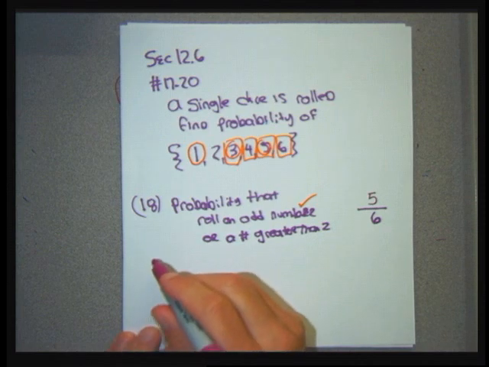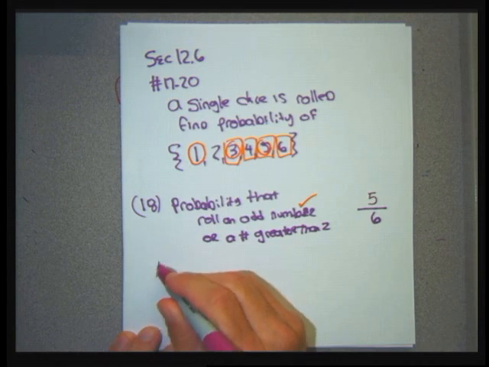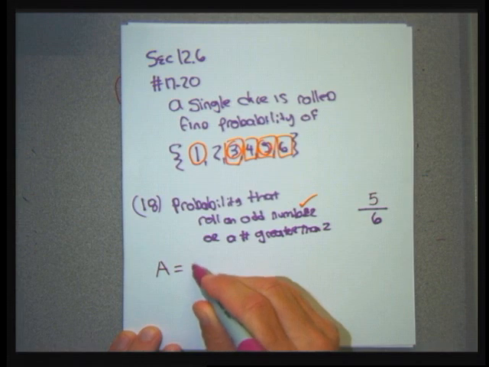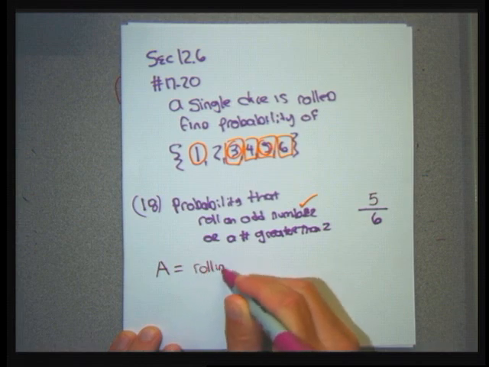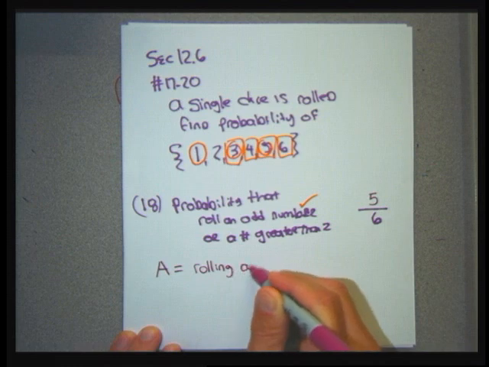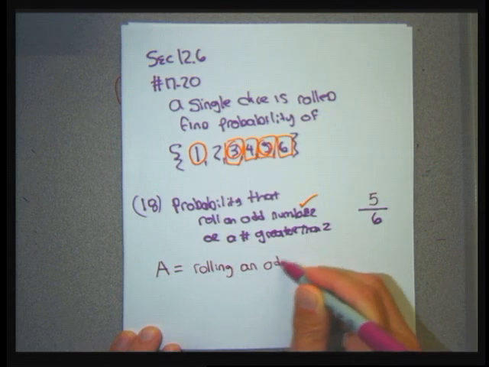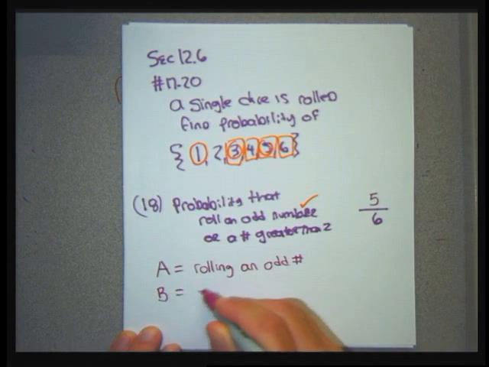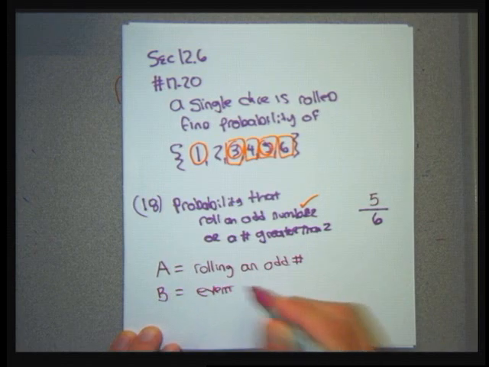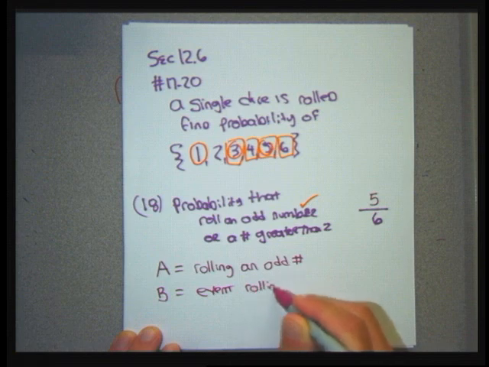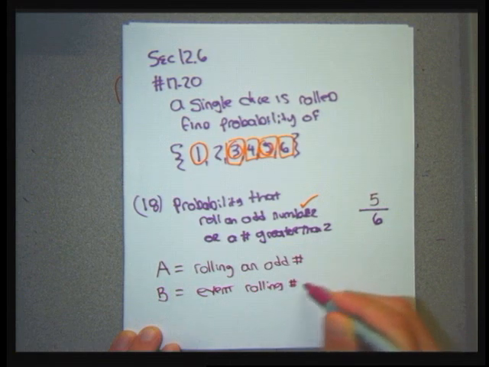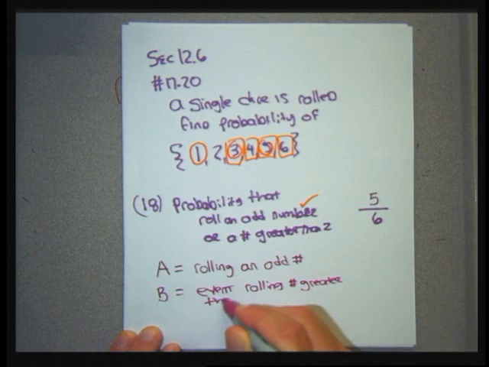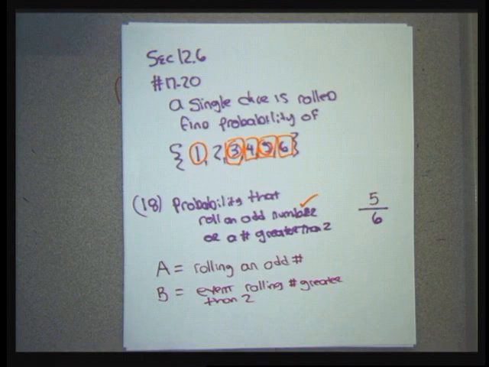But to do the formula approach, I need to call the events letters. So I'm going to say A is the event of rolling an odd number. I'm going to say B is the event of rolling a number greater than 2.